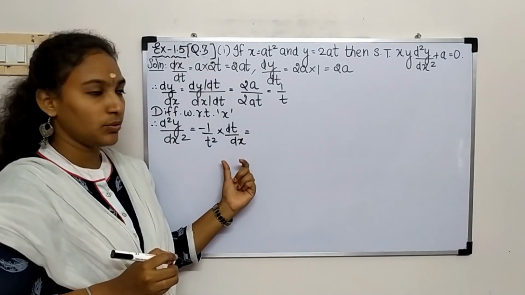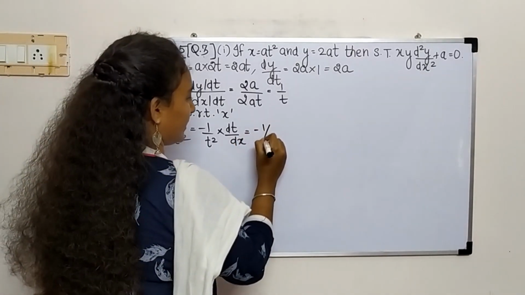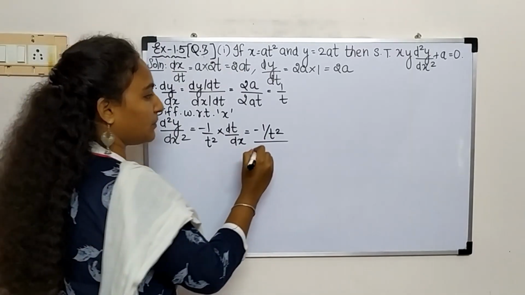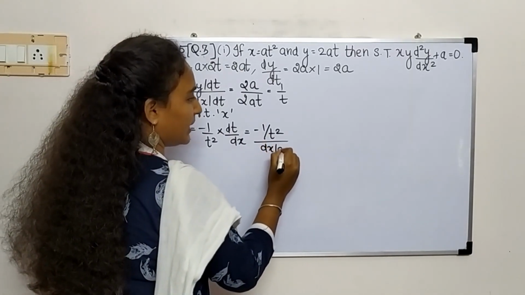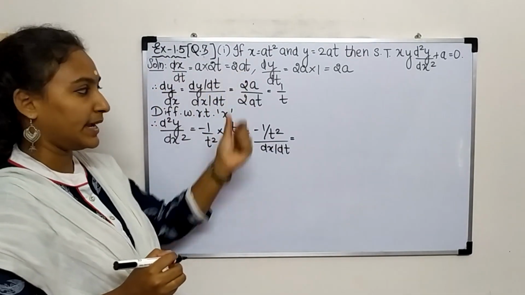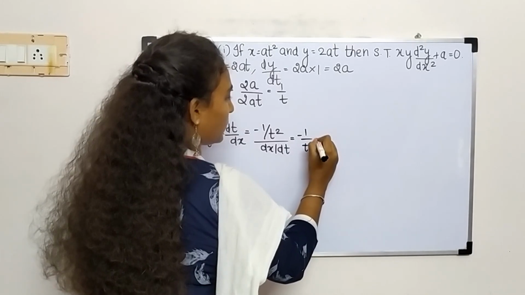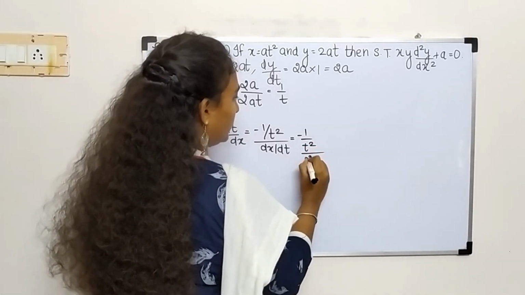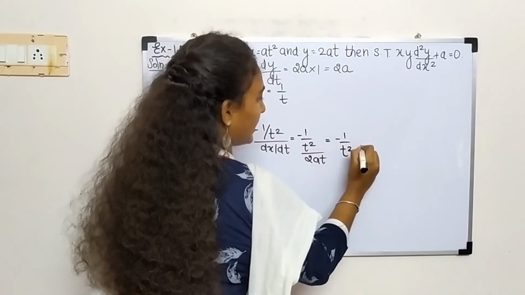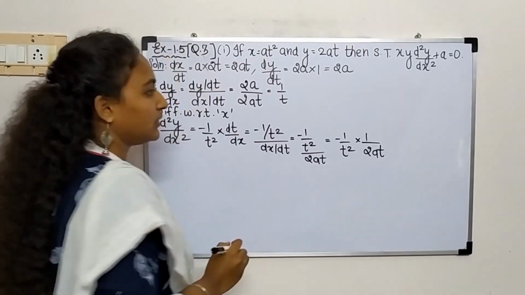Similar to question number 2, we are going to reverse this, that is take it to the denominator. This is minus 1 upon t square upon dx by dt. Our dx by dt is 2at. So this is minus 1 upon t square upon 2at, which is equal to minus of 1 upon t square into 1 upon 2at.